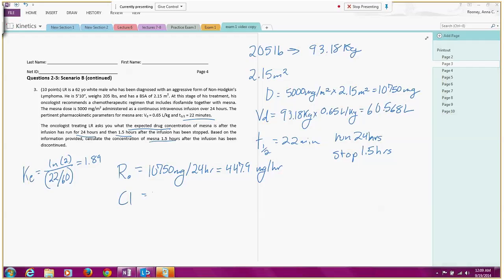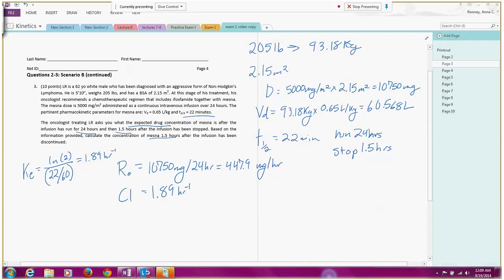So make sure you catch those little things that just trip you up. So now we know that our KE is that. Sorry, I'm trying to remember to label things because I rush through the math and don't necessarily label everything. We got that from over here, where we found the volume of distribution, and we know that this was running for 24 hours.